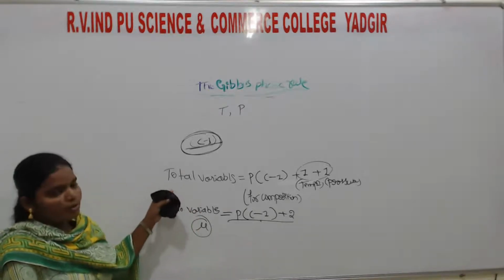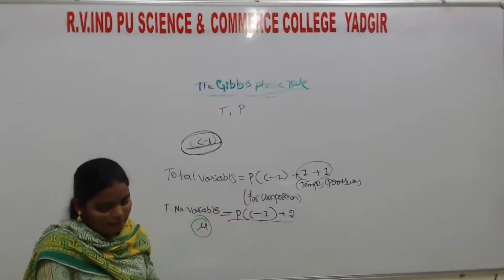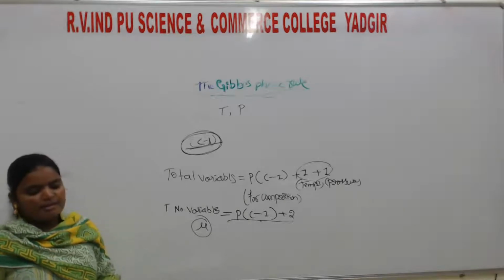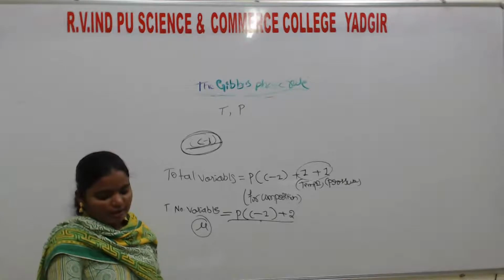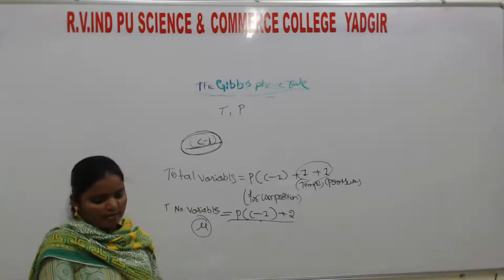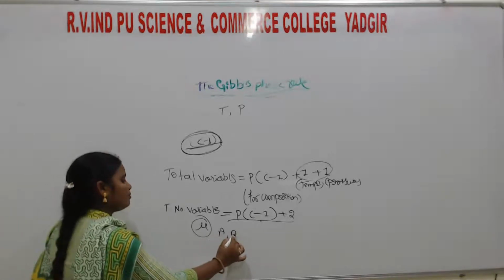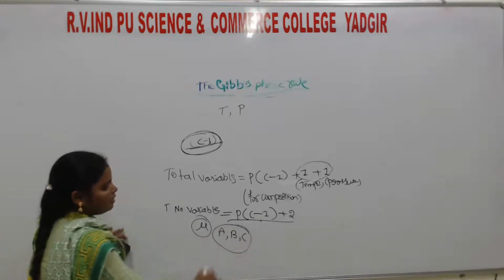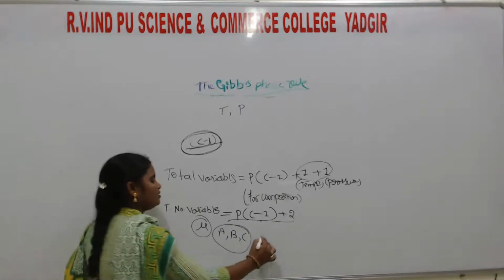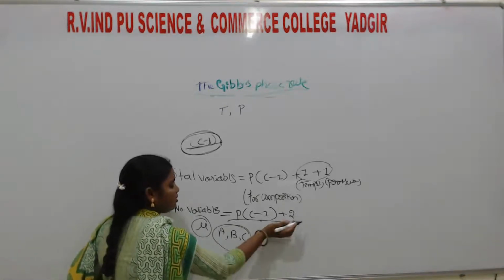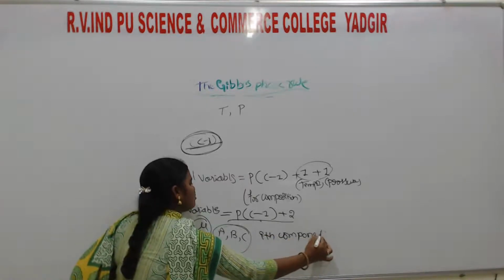Next, you consider a system having three phases, A, B, C, with ith components.